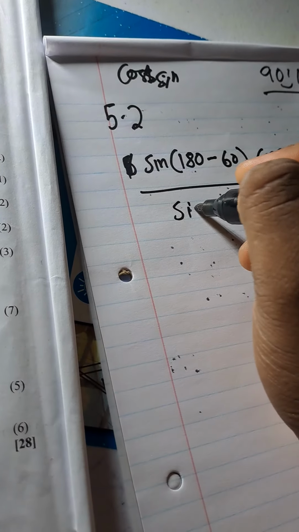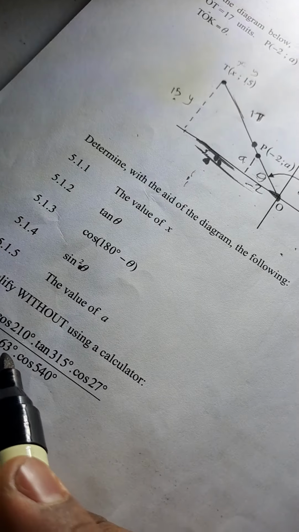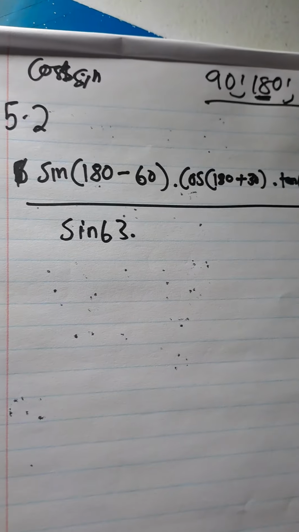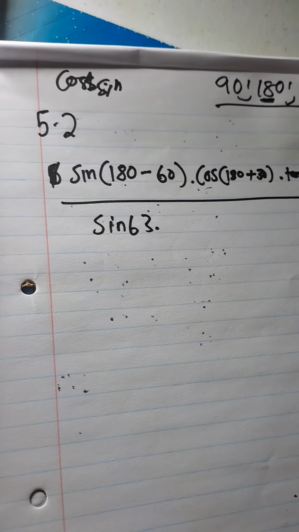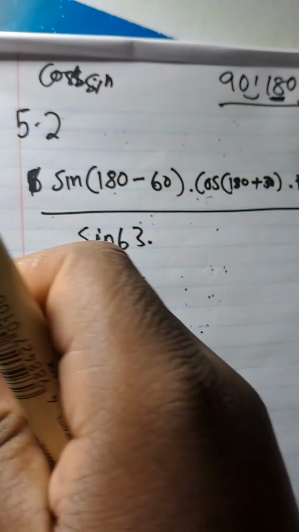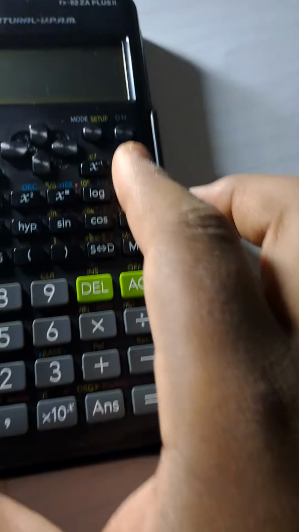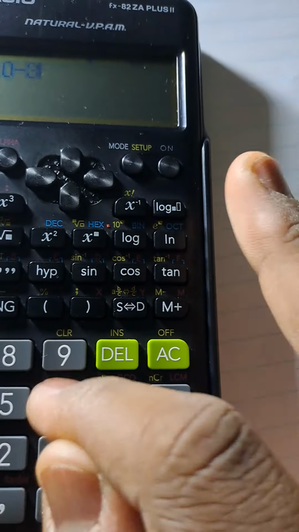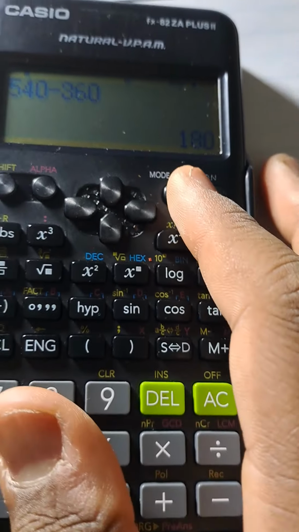I will tell you why. Sine 63. Then cos 540. It is already reduced, this one. When it says cos 540, it means you have to reduce it until you get a simpler value. I'm not going to do many fractions, so let's reduce it together. 540 minus 360 is what? 180.